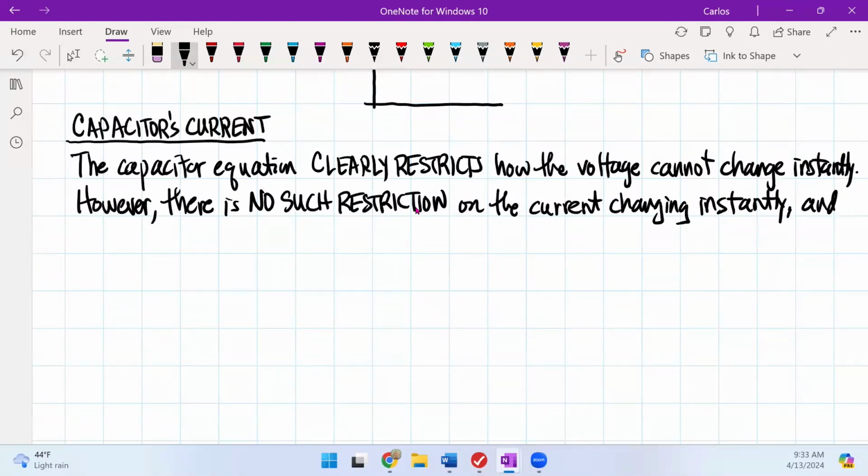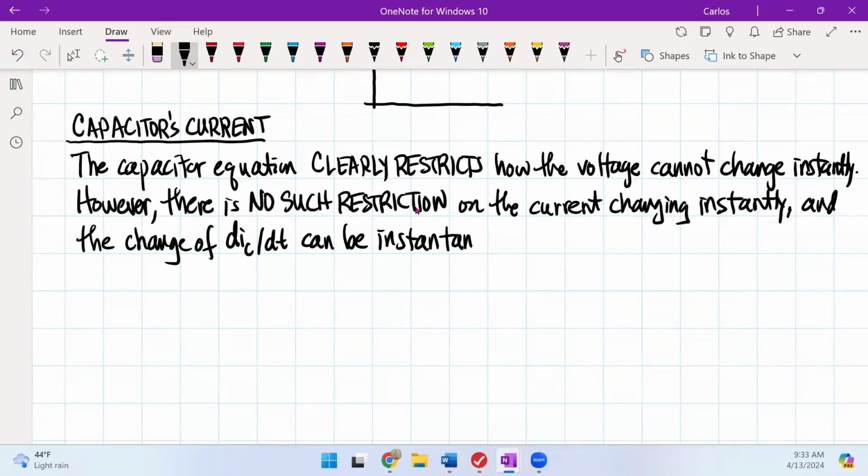And the change of dIc/dt can be instantaneous. There's no restrictions.